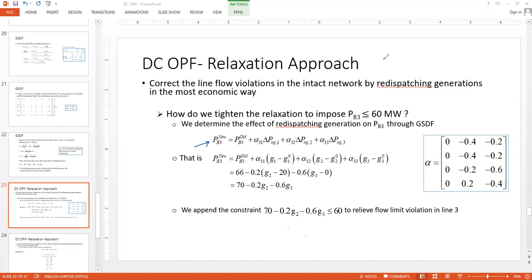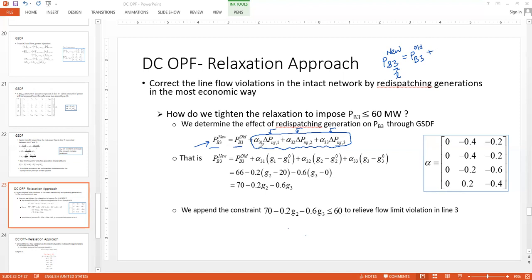Simply, we are writing it like PB3 new, where 3 is the PBL, line number L. PB3 new is equal to PB3 old plus, now we say there are multiple injections, multiple compensating generators. So this change or update will occur when all the generating units are participating.